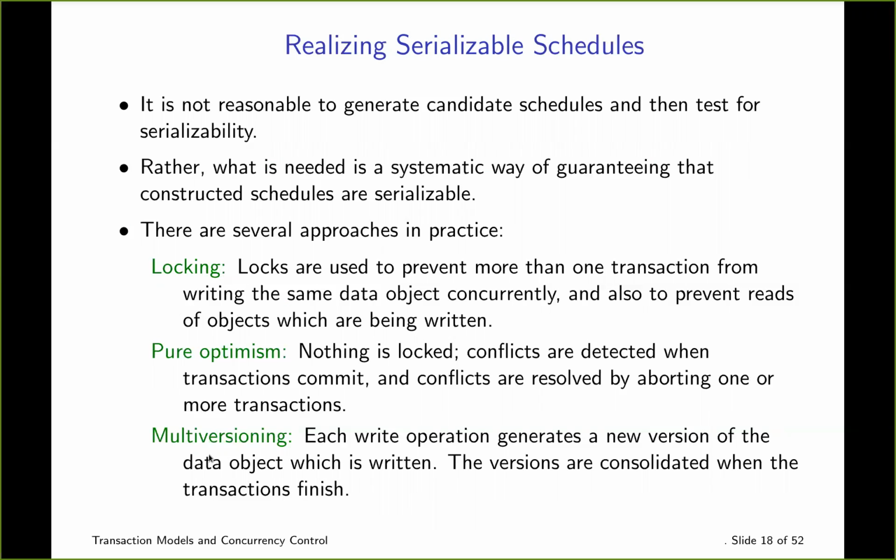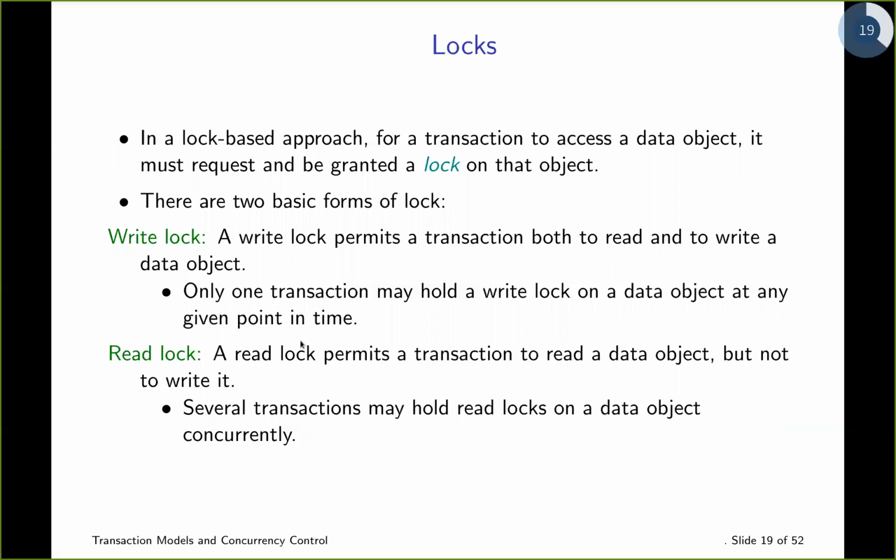Then there's the way it's really done now in databases. Pretty much all databases except for DB2, I believe, do it via multi-versioning. And I think SQLite does locking as well. I don't think they're using multi-versioning, but I can check on that. We'll be looking at locking as a mechanism to enforce concurrency control for transactions.